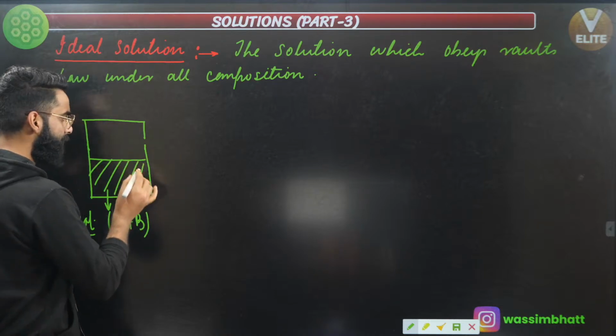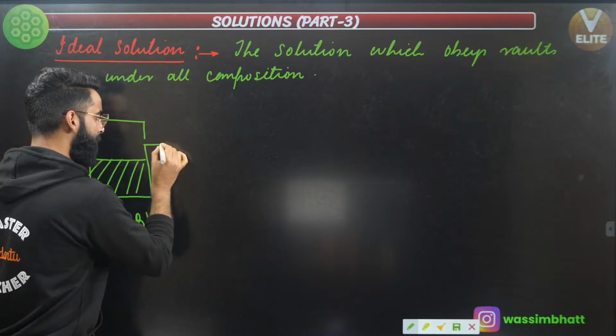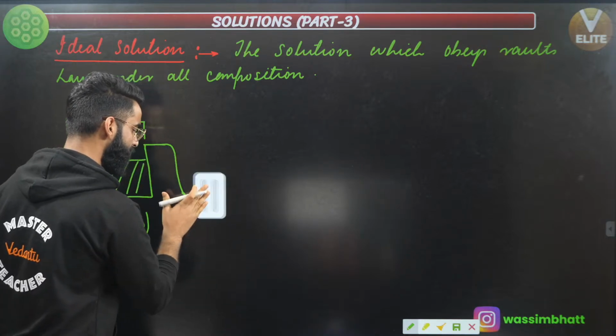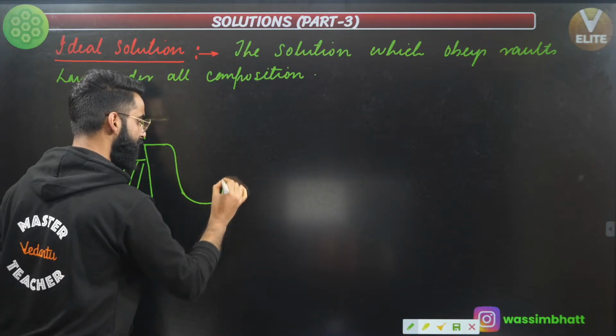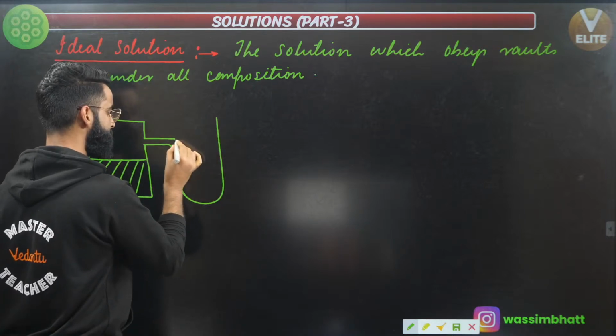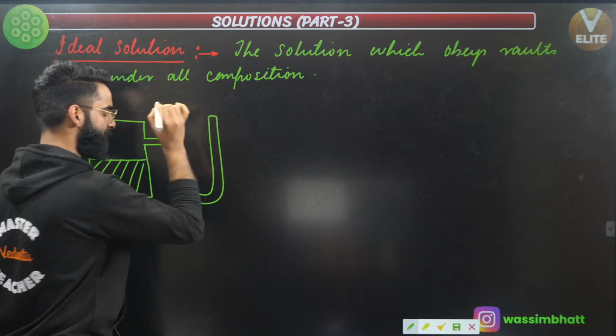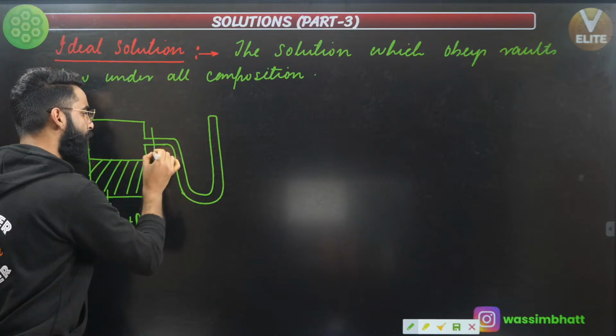First of all, I'm going to connect this container to the manometer. If you remember, in the first discussion we talked about this as well. I'm connecting this container with the manometer over here like this. This is the manometer which I have kept over here, and this is the stopcock which I have used.